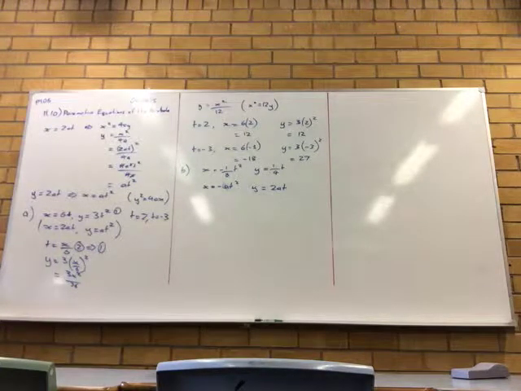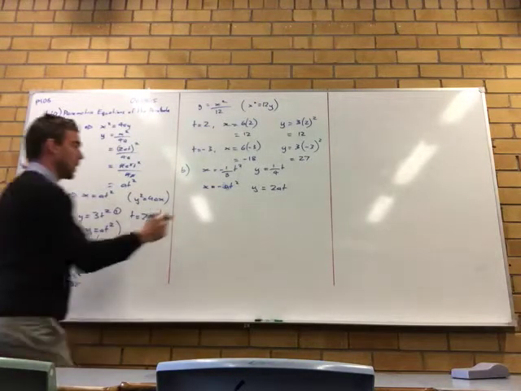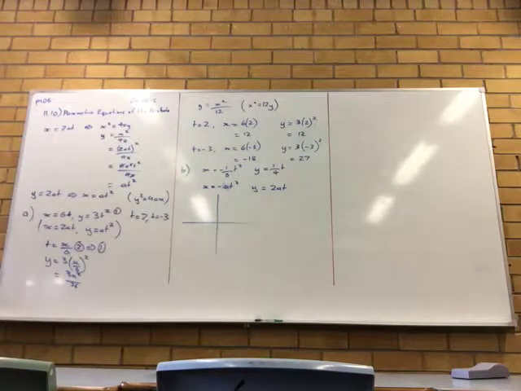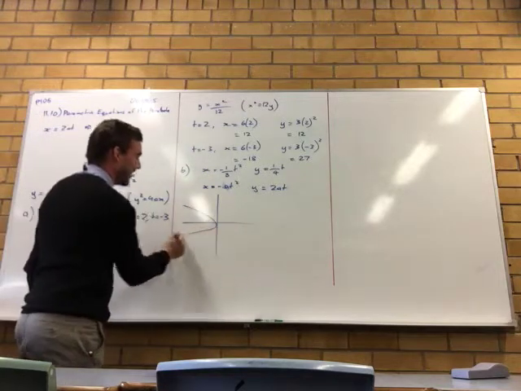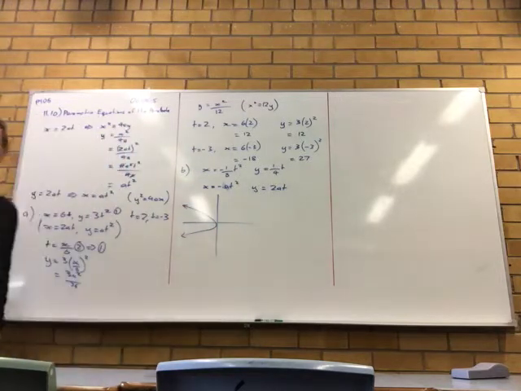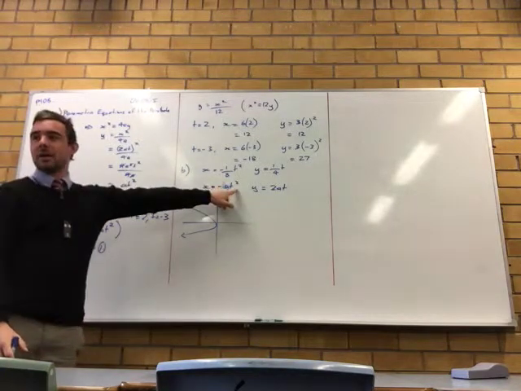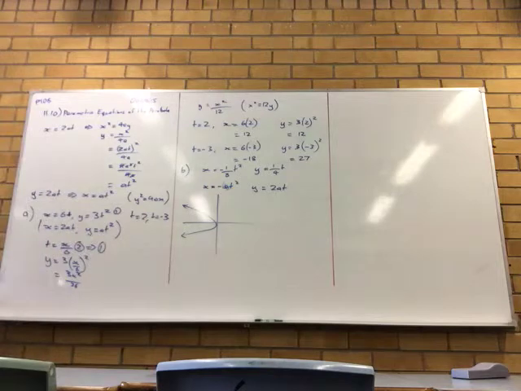So from your parametric equations, you need to be able to recognise the orientation of the parabola. Any suggestion on which? Right, because x is the one that's got the parameter squared. So we've got the one opening out to the side.